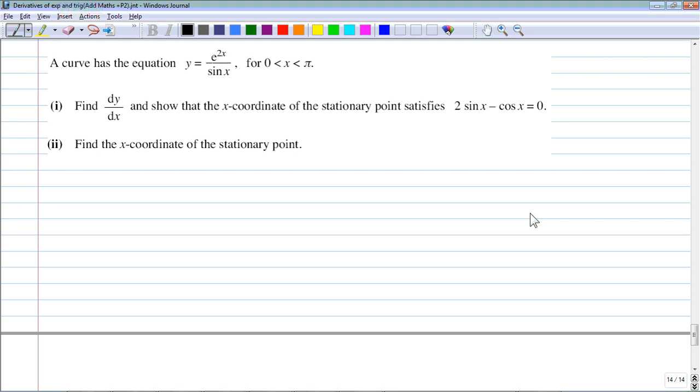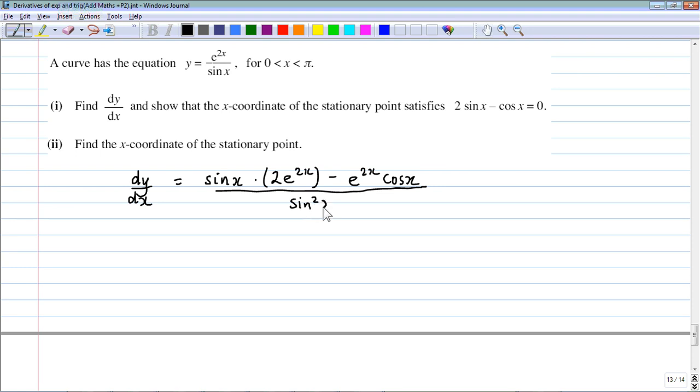And here we have, similar to previous ones, but we're going to find the derivative of a quotient. So we apply the quotient rule: v, sin x, times du by dx, which is 2e to the 2x, minus u, that's e to the 2x, times the derivative of v, which is cos x. And this is all divided by sine squared x. Now if this is 0, it follows that 2 sin x minus cos x equals 0.